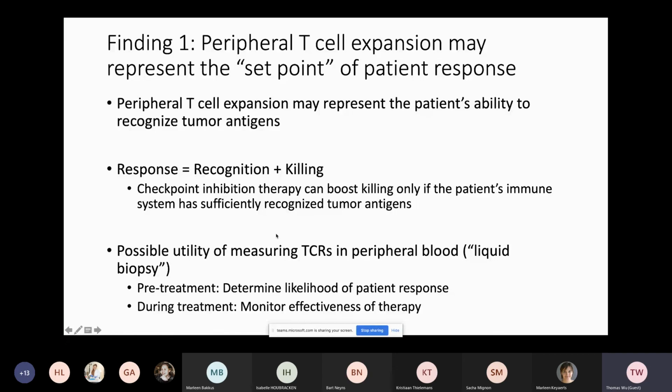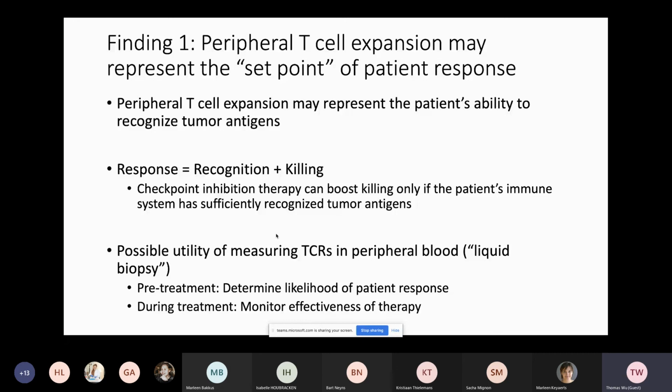It also suggests that we could use this relationship between the peripheral blood expansion and the expansion in the tissue as a type of clinical test. By simply measuring the degree and variability of the T cell clonal expansion in the blood, you can tell what's going on inside the tissue.